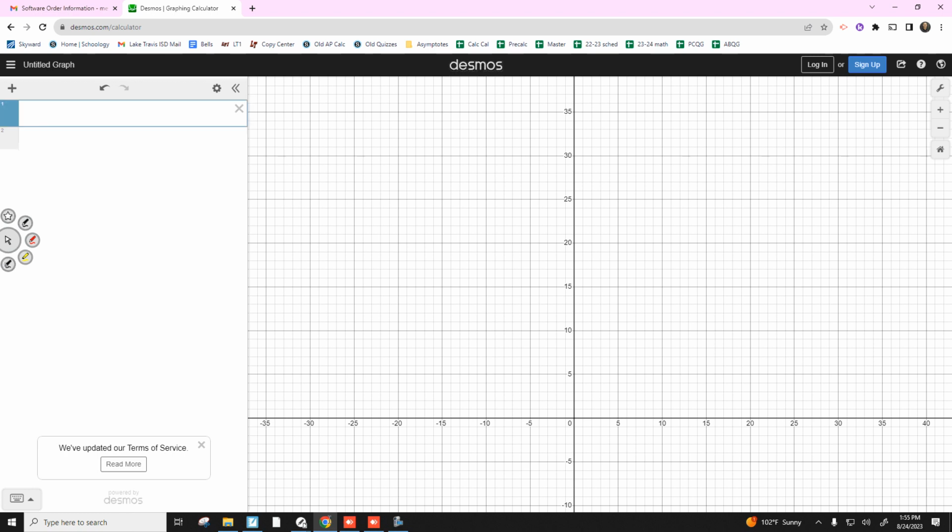If I graph f of x equals x squared, it happens so quickly that we don't realize what the computer program actually does is take a lot of values, plug them in for x, get a lot of y's, and plot those very, very quickly.